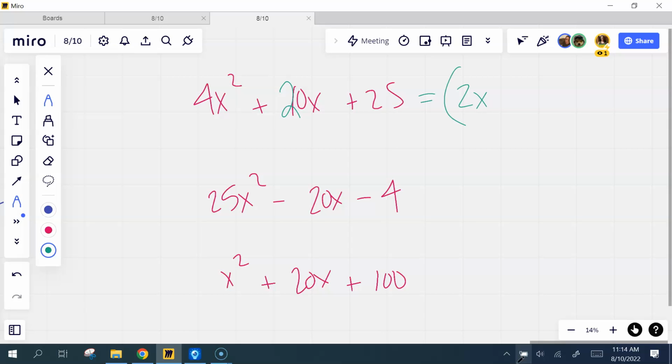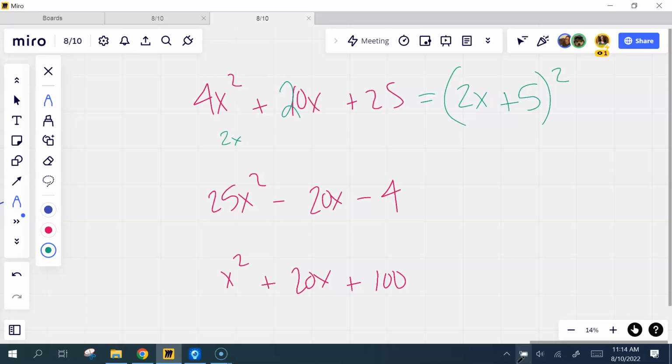2x plus. The hardest part is checking it. The hardest part is confirming that it's a perfect square trinomial. What is the square root of 4x squared?